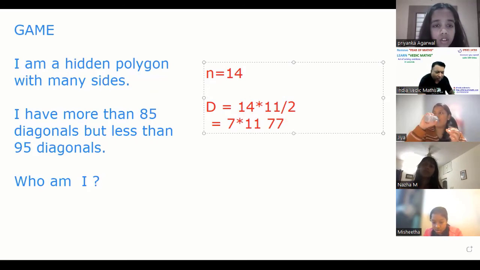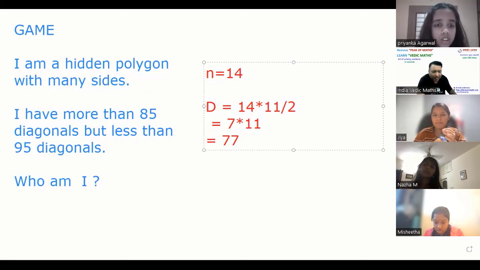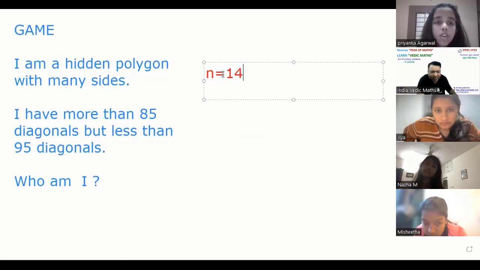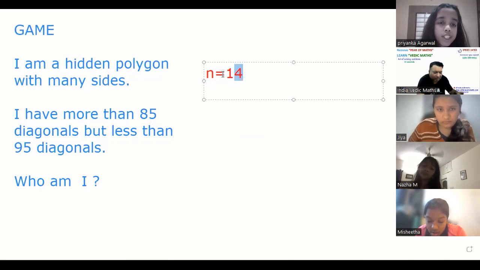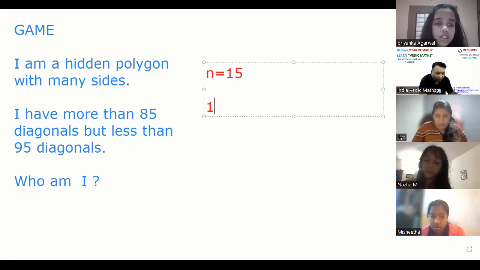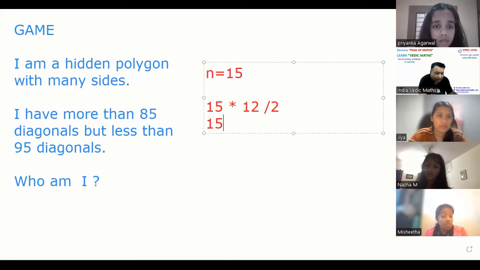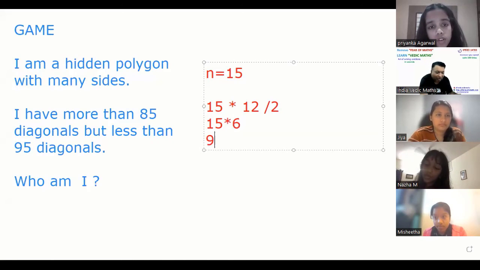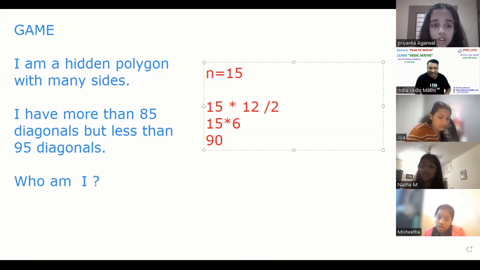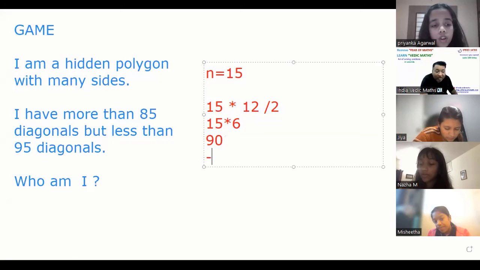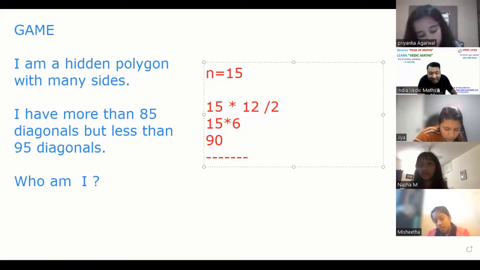So what will we do now? We say 14 is less, correct? We'll try a little more, either 15 or 16. Let's take 15: 15 times (15 minus 3) by 2. And luckily, as Vedant said, we got 90, and 90 is perfectly okay. To cross check, we should try 16 also. What if there is one more polygon with fewer than 95?